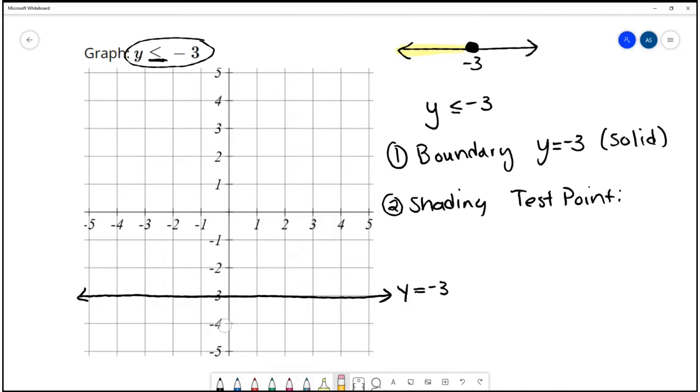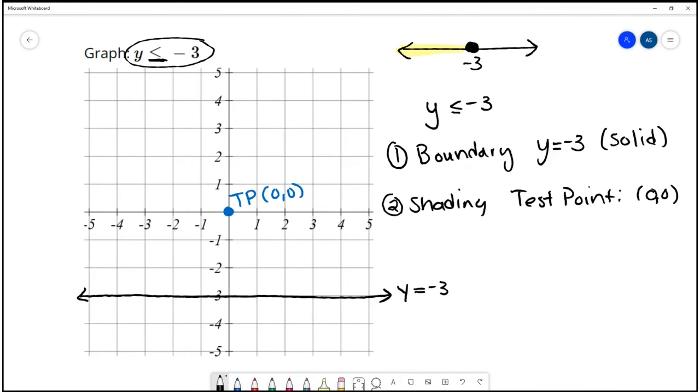So I can pick any ordered pair down here, and I can pick any ordered pair up here. Most people like to pick the point 0, 0 because the math works out really nicely. So here is the test point that I'm going to choose, which is 0, 0.